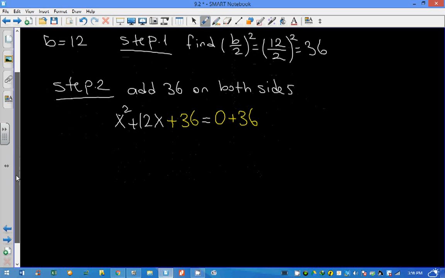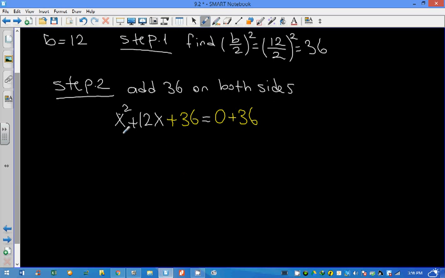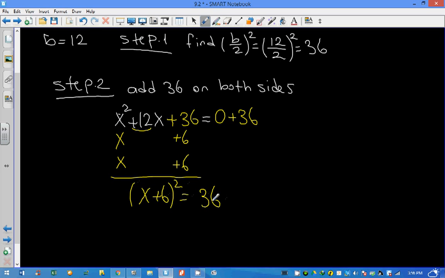And what are the factors of x squared? x and x, 6 and 6, plus 6 and plus 6 because of plus 12. And the final answer is (x plus 6) to the power of 2 equals 36.